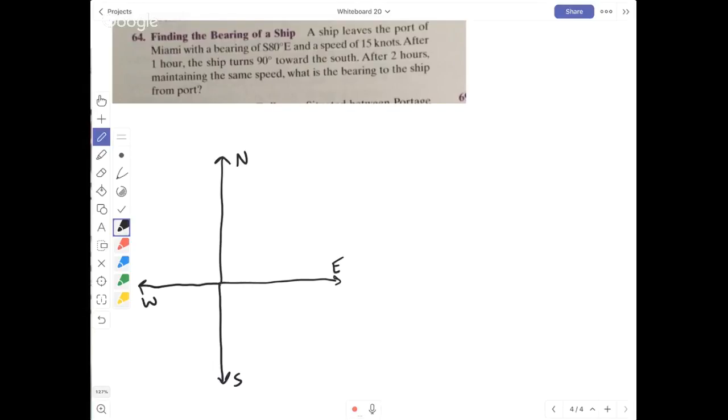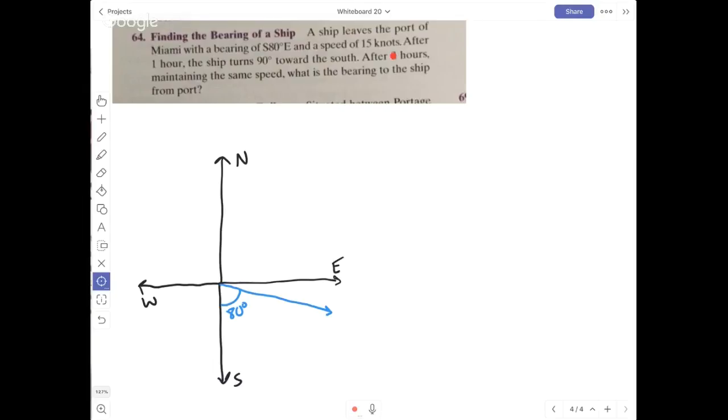And this problem says a ship leaves the port of Miami with a bearing of south 80 degrees east. So that means from due south 80 degrees towards the east, which would be over here. So that's where we're starting, that's 80 degrees from south towards the east, and a speed of 15 knots.